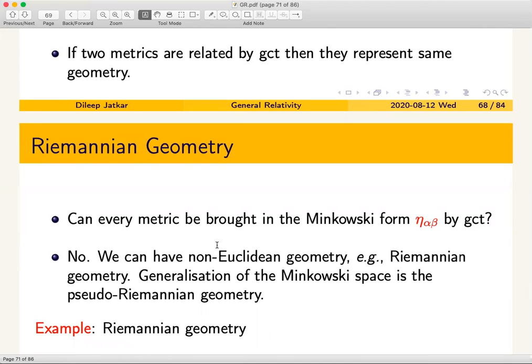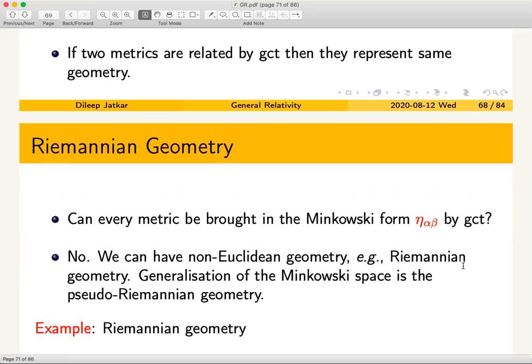In fact, not all metrics can be brought into a Minkowski form. We can have a geometry which is non-Euclidean or non-Lorentzian, since I'm talking about the Minkowski form of the metric. One needs to generalize this geometry, and of course that was done more than 150 years ago by Riemann, and it's called Riemannian geometry, which is what we would be using.